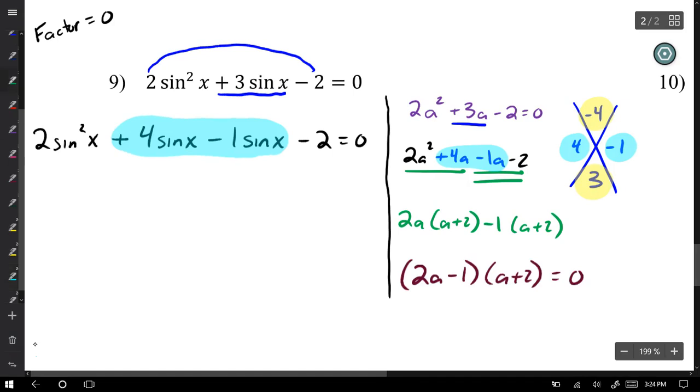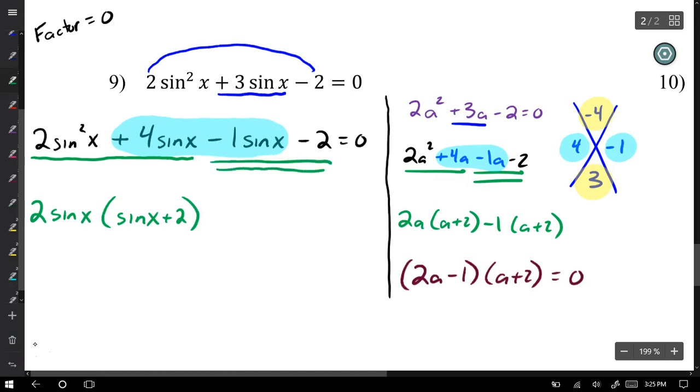And we keep going. If I want to do grouping, the first two have in common a 2 sine of x, and I'm left with sine of x plus 2. The second two have a negative 1 in common. If I factor that out, I'm left with sine of x plus 2.